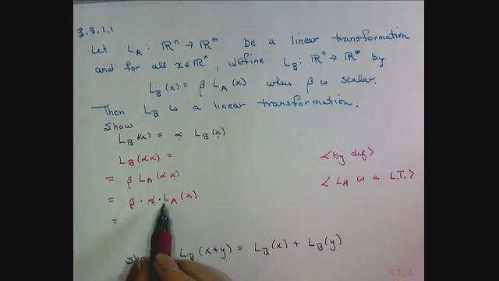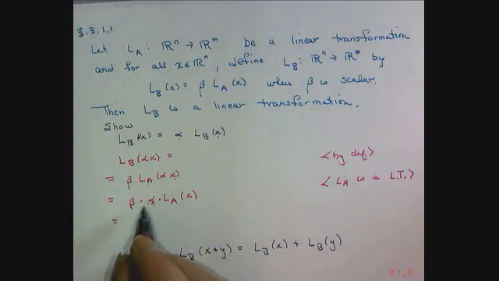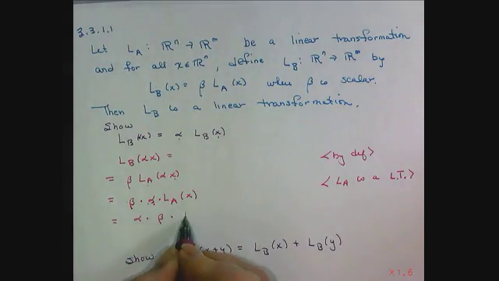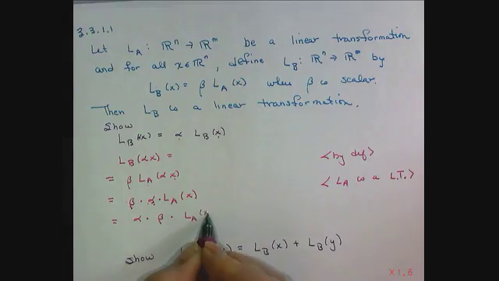Well, we know that the multiplication of two real numbers is commutative. So this, by commutativity of multiplication of real numbers, is the same as alpha times beta times L sub A of x. I could have used parentheses here, but I don't have to because of commutativity.